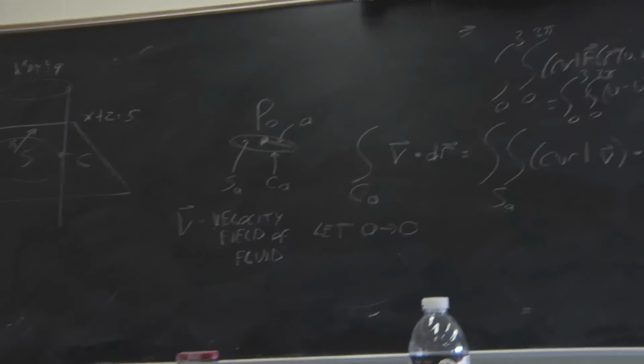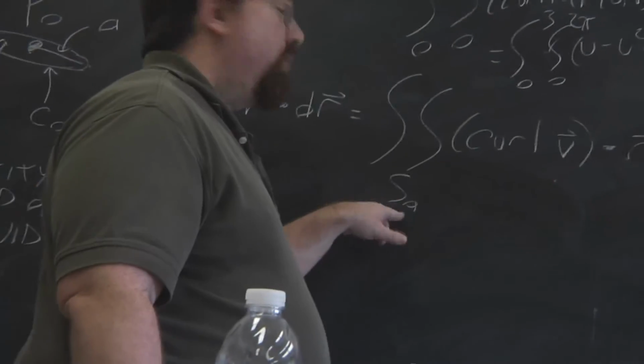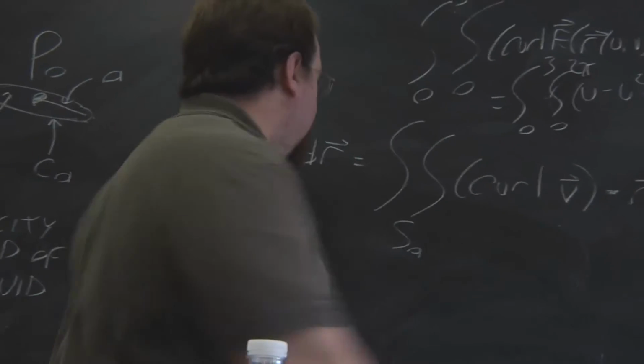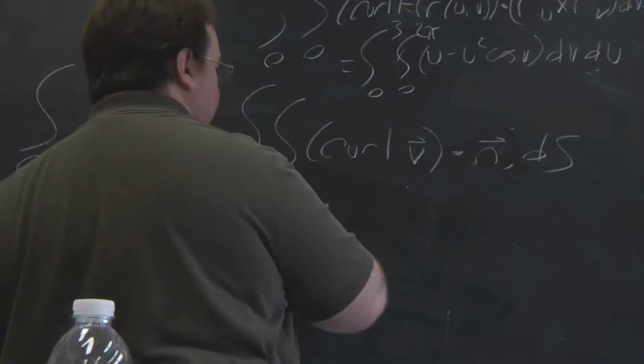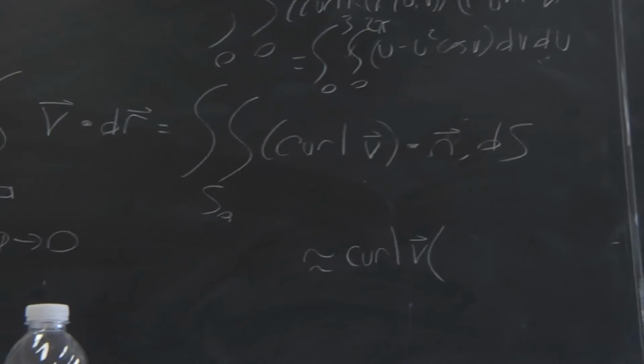What happens in that case is as this disk is shrinking down to a point, what we get on this side is roughly equal to the curl of V at this point, dotted with the unit normal at that same point.